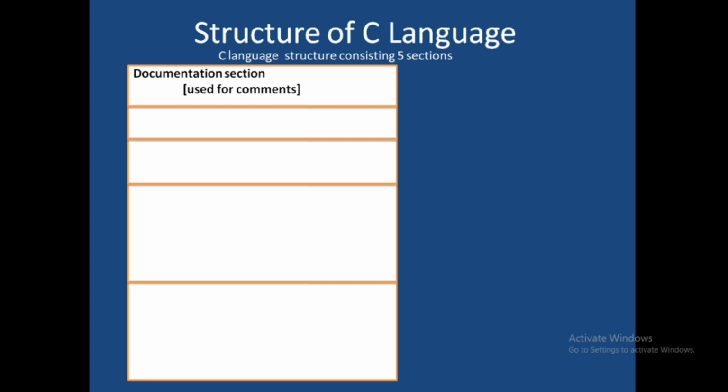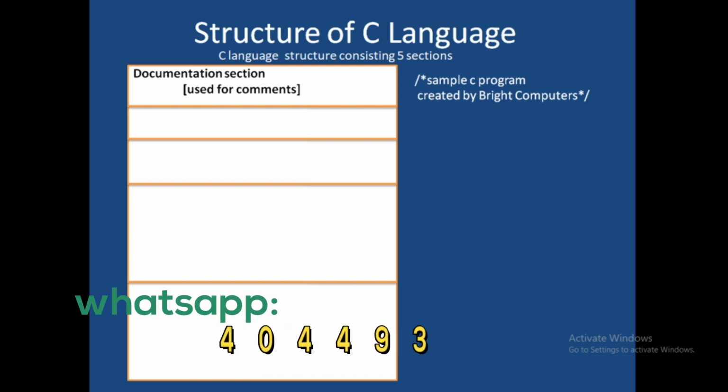Here is an example. /* is the syntax, then we write the content, and next we close with */. In between is a multi-line comment, so we can write any number of lines to describe the program. This is the documentation section.